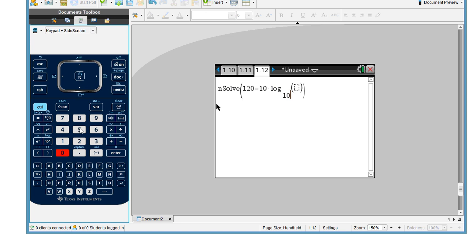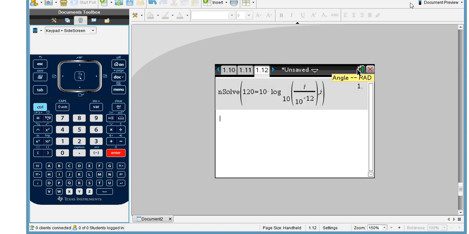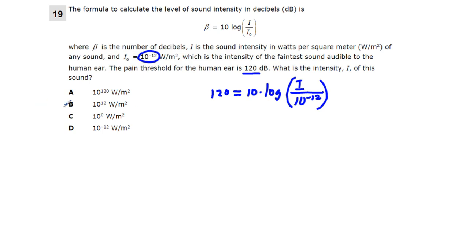I'm going to put 10, and I for sound intensity divided by 10 to the power of negative 12, and then outside the parentheses put comma I, and then we get 1. Okay. Well, how do we write 1 as a power of 10? Well, 10 to the power of 0 is equal to 1. We could work it out and explain what that is, but our correct answer is C, 10 to the power of 0.